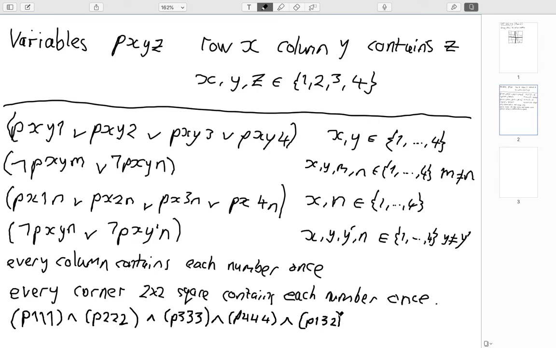So in this case, let's look at some quantities associated with this problem.